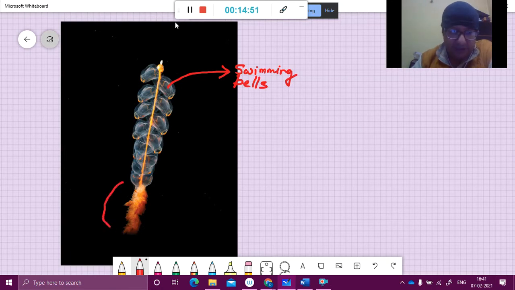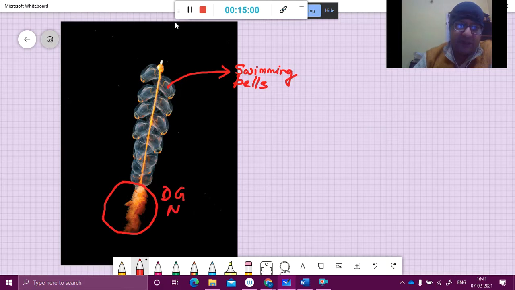Then here you can see the battery of nematocysts, dactylozooids, gonozooids, dactylozooids, gonozooids, nematocysts. All these are present. This yellow structure is the cyanosac. Let us look at another one.